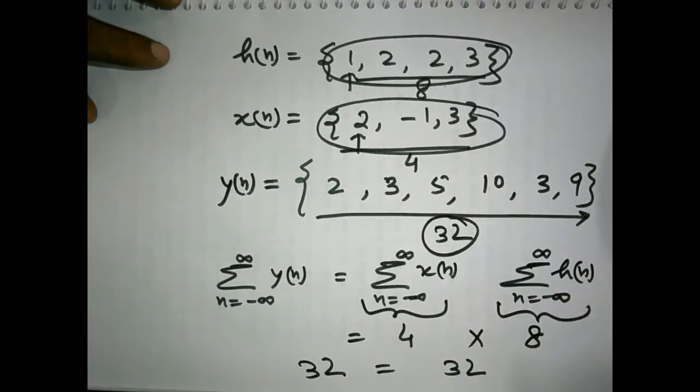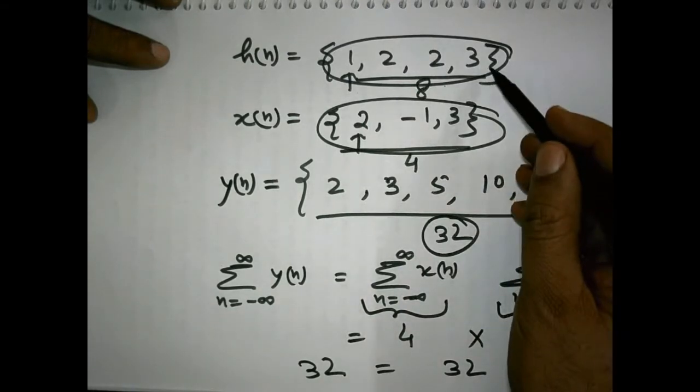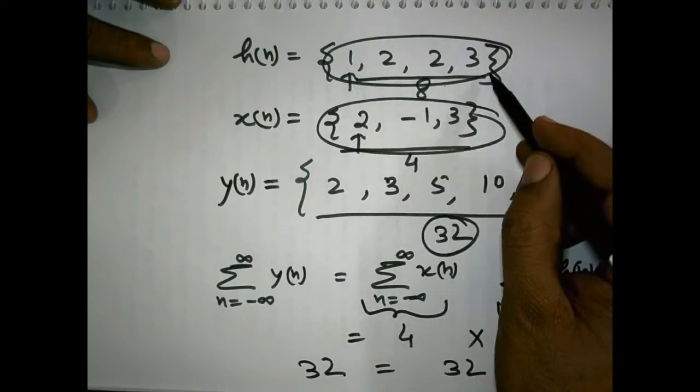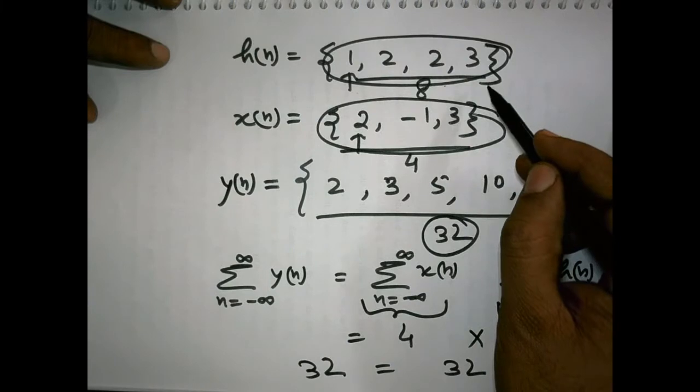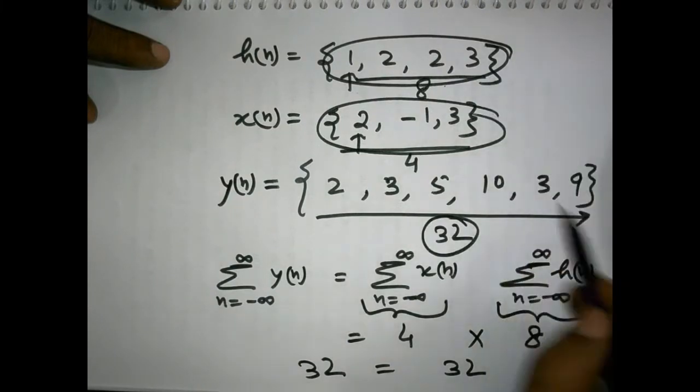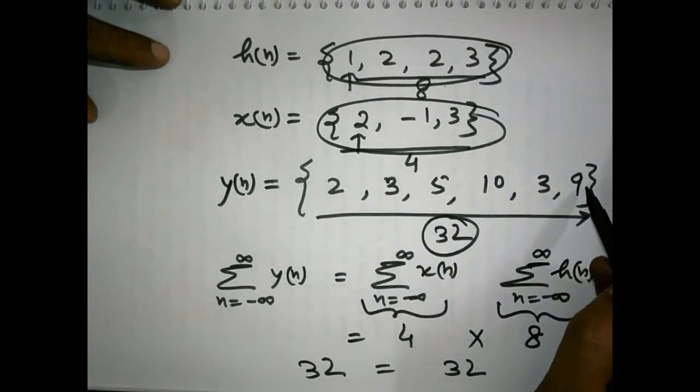So you can apply this as a consistency check of your obtained output, whether it is correct or not. Input is given to you, you sum up all the values in x[n] and h[n] and multiply them, and you compare with the summation of what you obtained from convolution.